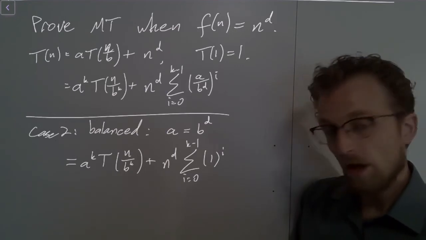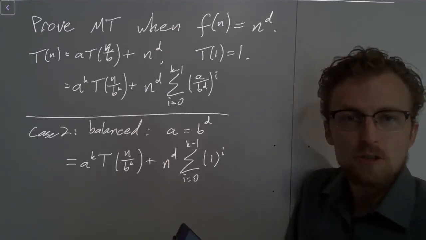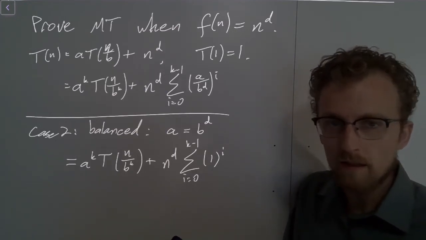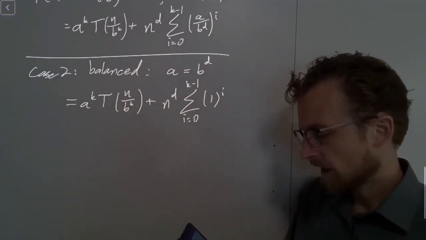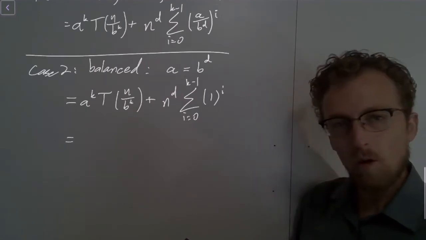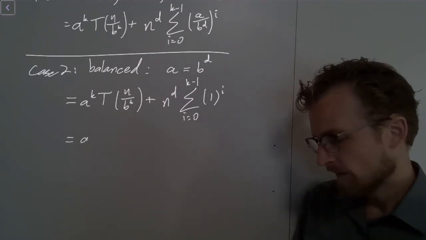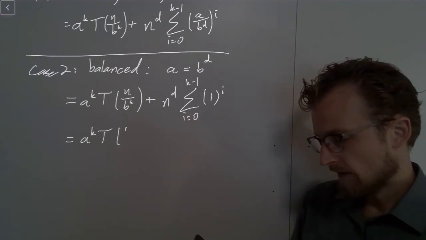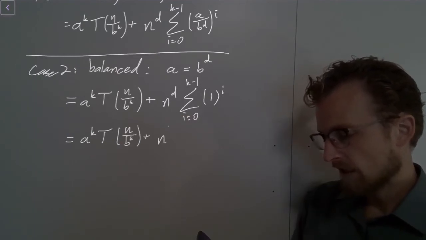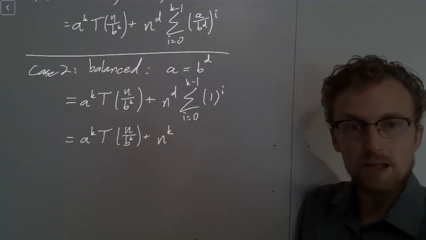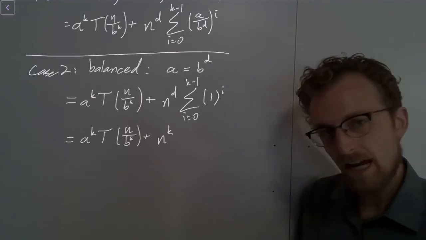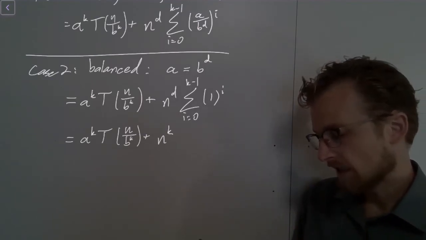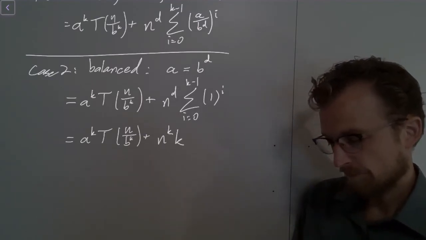What is 1 to the i? It's just 1. It doesn't matter what i is, and 1 raised to any power is just 1. And so this can simplify quite conveniently to a to the k, t of n over b to the k, plus n to the d times just 1 added to itself how many times? Well, exactly k times. So this is n to the d times k.